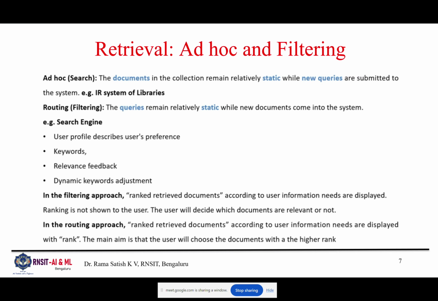And of course, even if no ranking is presented to the user, the filtering task can compute an internal ranking to determine potentially relevant documents. For instance, documents with a ranking above a given threshold could be selected.